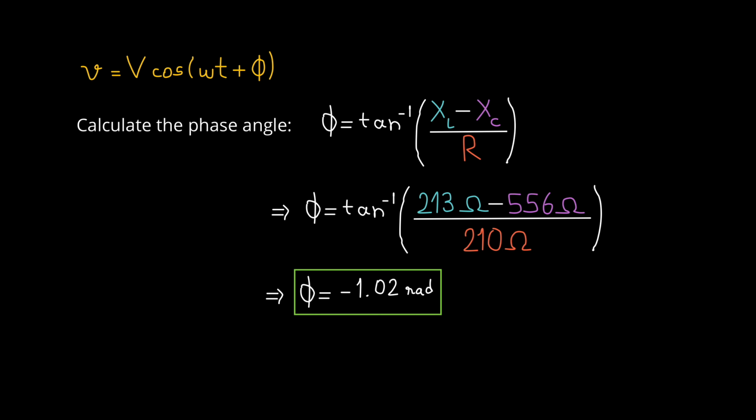Finally, let's calculate the source voltage at the same moment. For that, we need to calculate the phase angle first. The phase angle phi is the inverse tan of XL minus XC divided by R. From that, we get negative 1.02 radians for the phase angle phi. And then we combine everything.